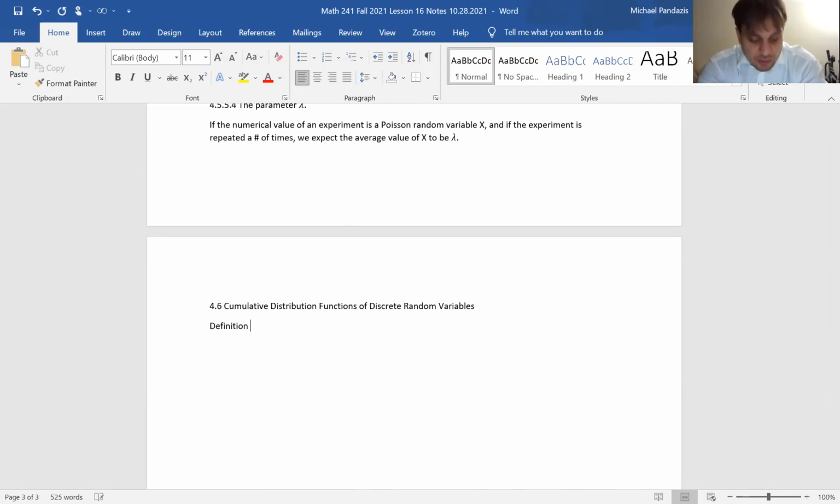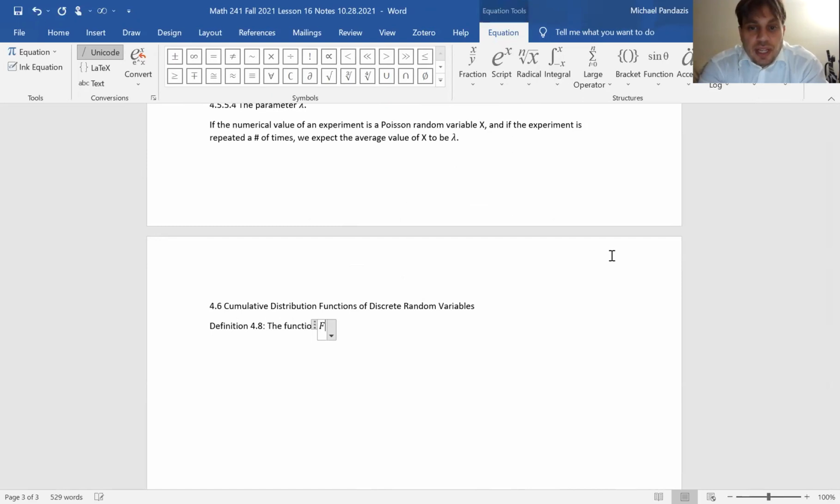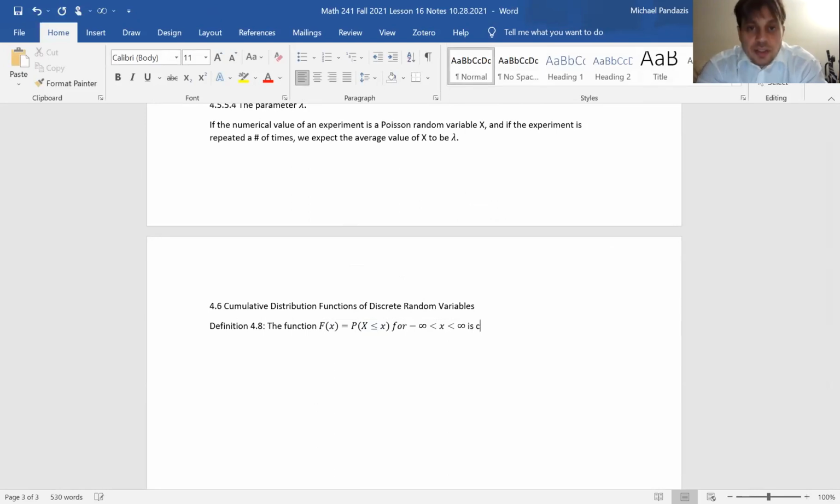This is definition 4.8. It says the function capital F of x is equal to the probability that your variable capital X is less than or equal to little x, for negative infinity less than x less than infinity. And so this is called the cumulative distribution function.